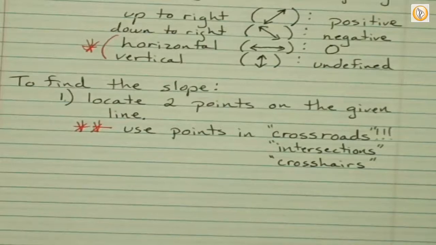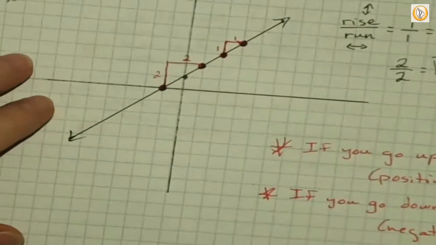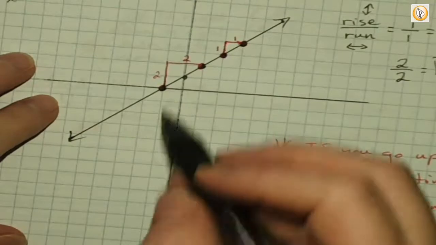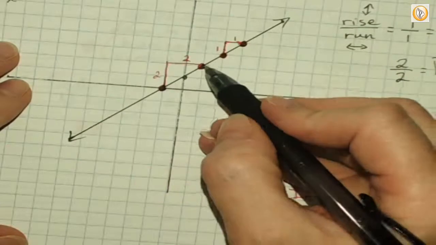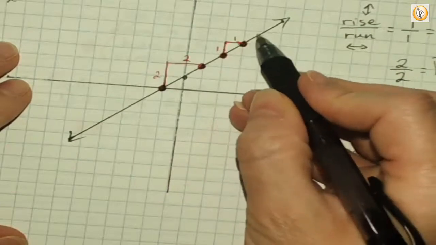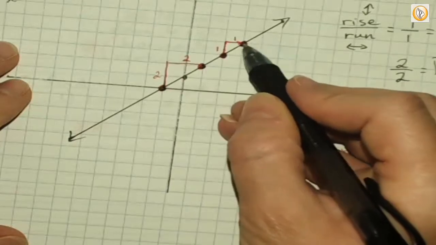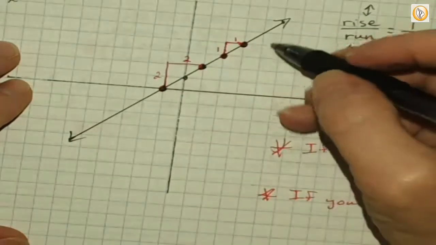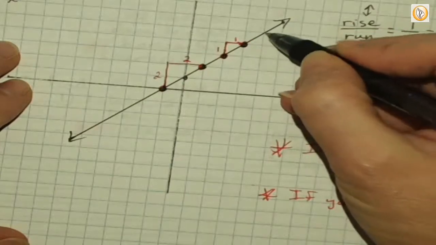Okay, so when I say crosshairs, intersections, crossroads, I'm referring to, real quickly, do you see this line? Excuse me, Taylor, I'm the one talking. Do you see this line? Do you see where it crosses the graph right here and here and here? Do you see the lines on your graph right here and here? Do y'all see that? Do you see where they meet?